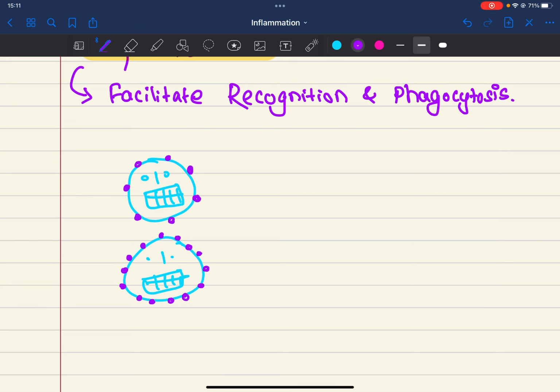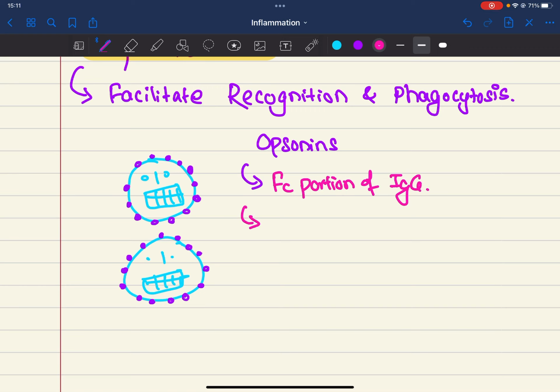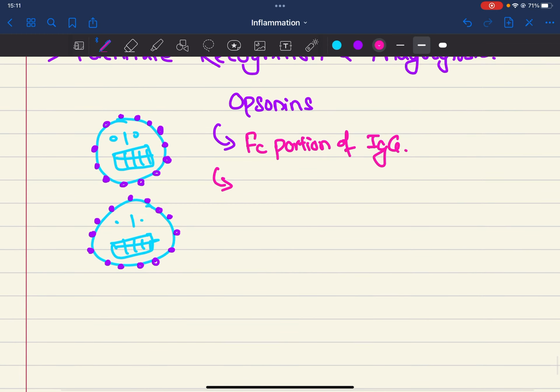These opsonins and the chemotactic agents are very important for Viva. Examples of opsonins: the Fc portion of IgG. The function of IgG you'll discuss in microbiology. One of the functions of IgG is opsonization.